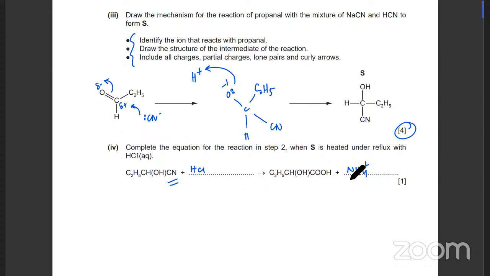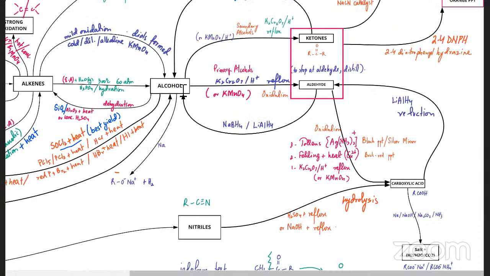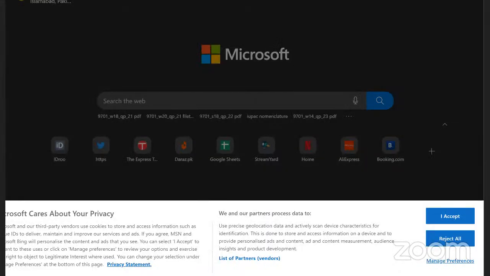The first thing about this question is it's really hard to memorize any of the organic equations. No one is going to ask you to write an equation of K2Cr2O7 with an alcohol. It's going to be too difficult for you to memorize. No one can memorize this.